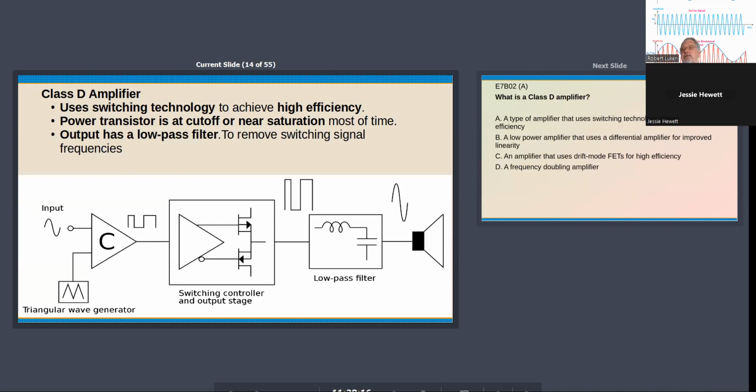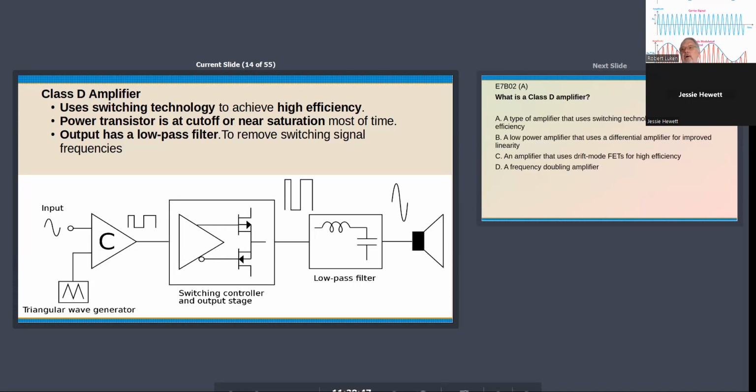Now we got your digital or Class D, where you take the input and sample it. In this case, you're showing using a triangle generator. The scale is off on these because you do it at a much higher frequency than the frequency of that input signal. And it creates a varying pulse width for every one of those samples. Every triangle is going to give you a different sample.